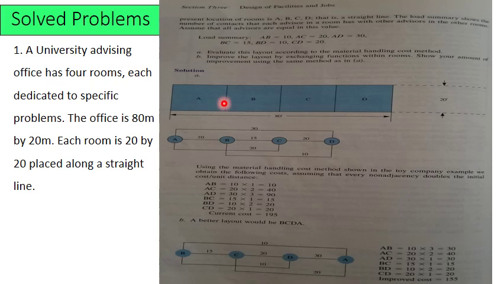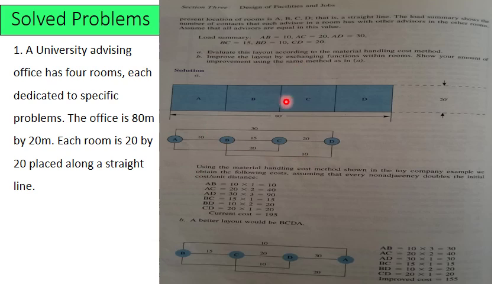There is an interaction between the rooms, and the interaction is given as: A and B have an interaction of 10, A and C 20. So A and C have greater interaction than A and B, and A and D have 30. So A and D have more interaction than the remaining. This is the interaction, and the dimension is 20 by 80.